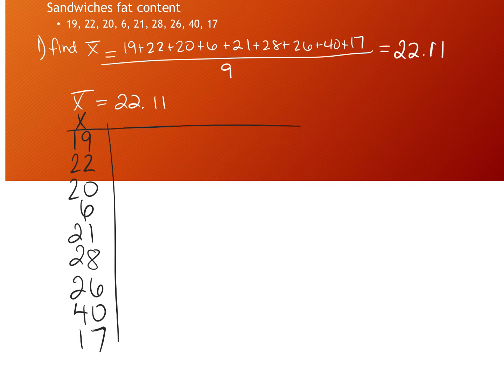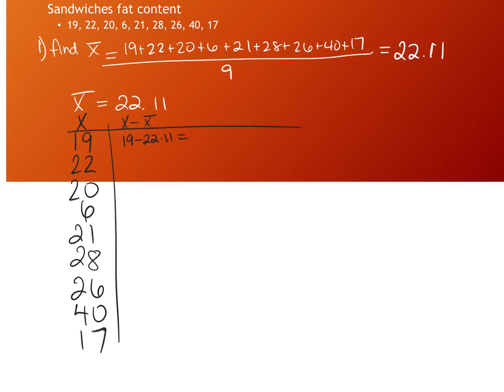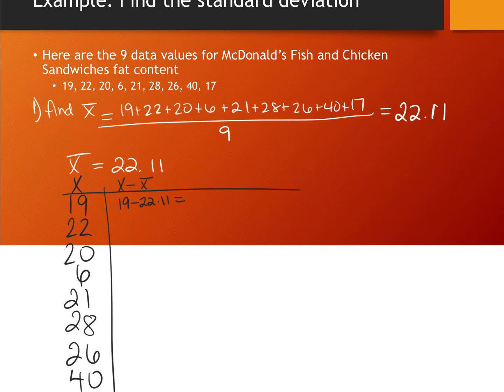Then we subtract the mean from each of those values. So X minus X bar. The first one is 19 minus 22.11, which gives me negative 3.11.